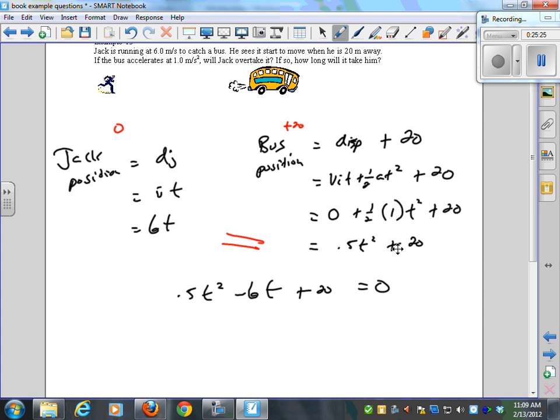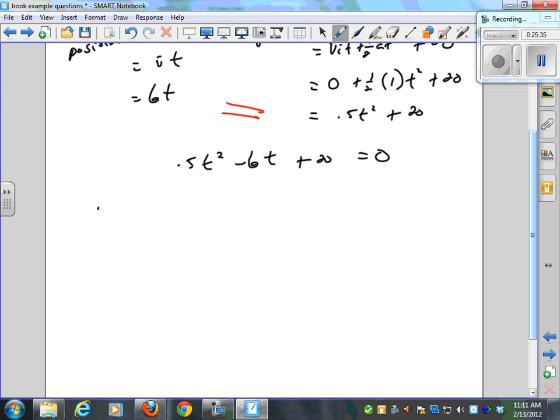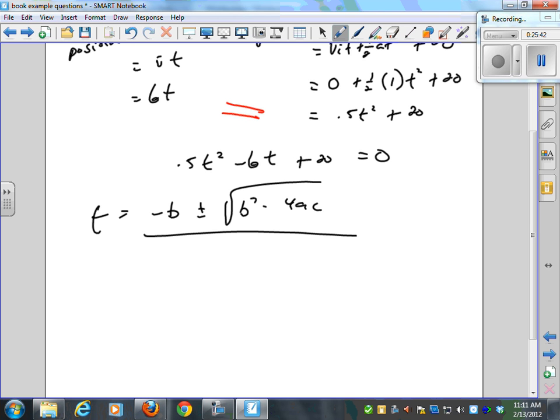So now it's just a simple matter of solving the quadratic formula there. Well, maybe simple. So when you do the quadratic formula, you get t equals minus b plus or minus the square root of b squared minus 4ac all over 2a. Please notice that I'm writing that out every time, even though I know it already.